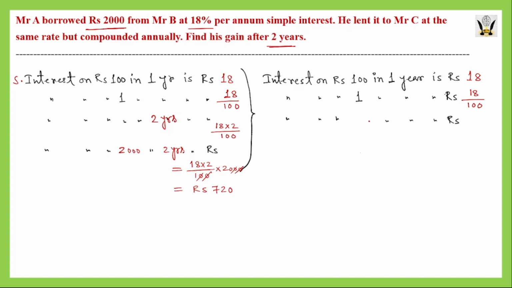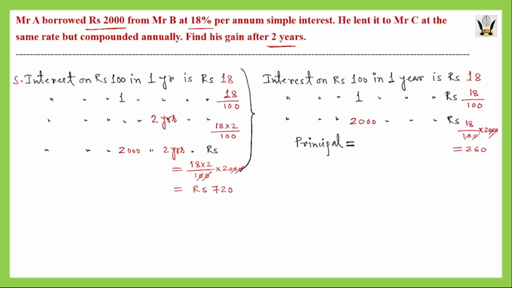Now when the principal amount is 2000, then the interest amount will be 18 divided by 100 and then 2000 times. So these zeros will cancel each other and the interest amount will be 360. So this is the interest that Mr. C will pay to Mr. A after 1 year. But here we will be calculating the total compound interest after 2 years.